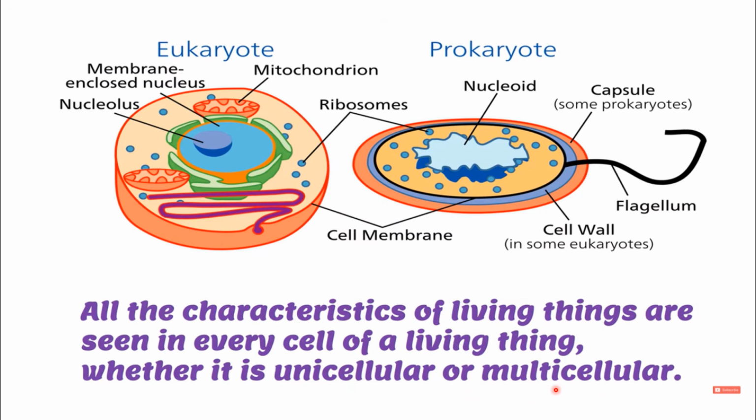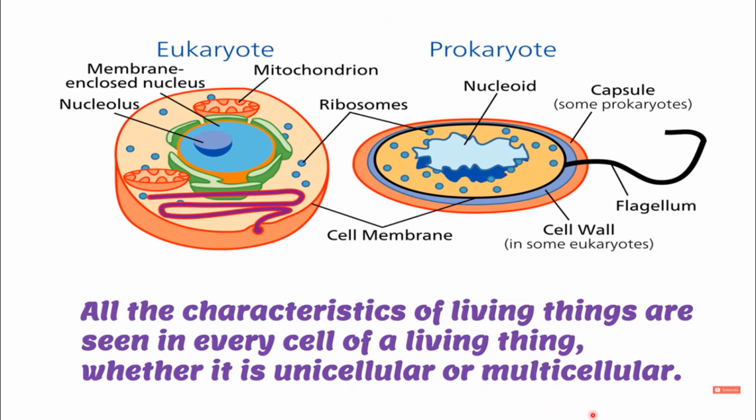Multi means many. Many cells are present in our body. So what are the examples of multicellular organisms? Example, man, cockroach, mouse, different trees. They have a number of cells in the body, and the number always varies in different organisms.